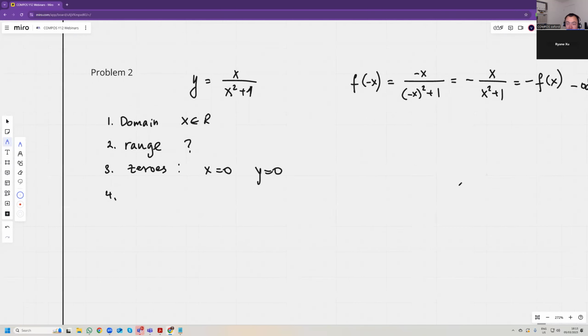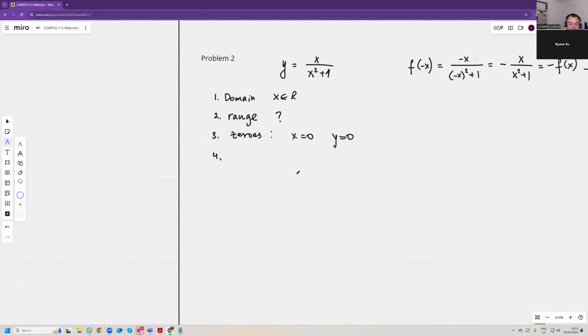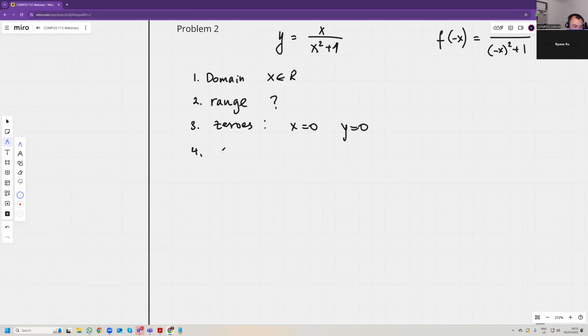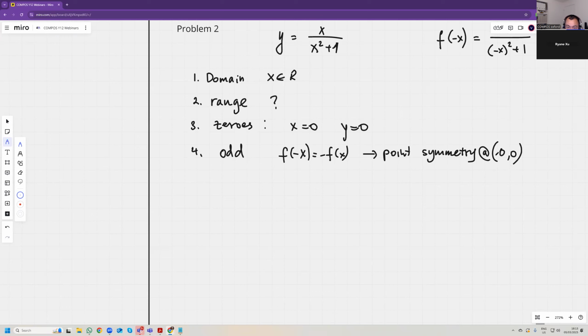Okay, so it's odd because f of minus x equals minus f of x, and that means it has a point symmetry over point 0, 0.